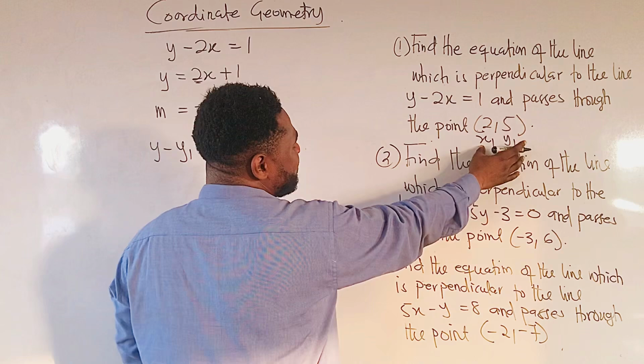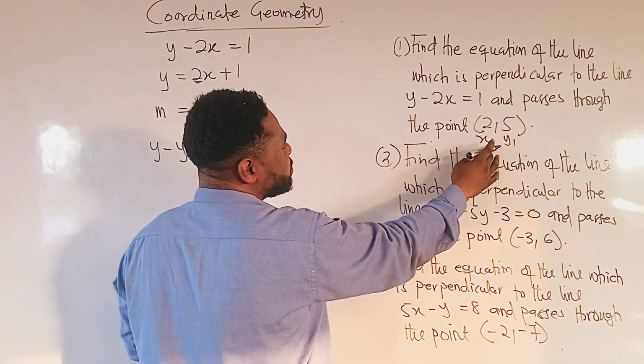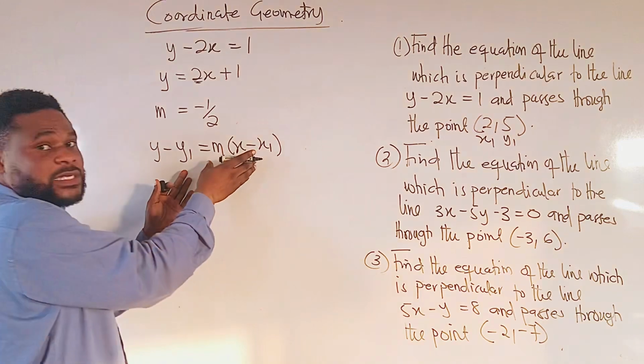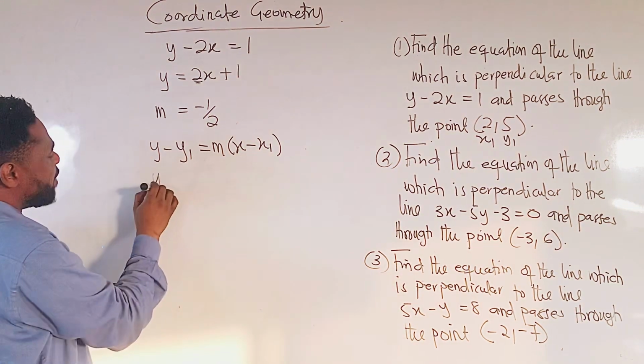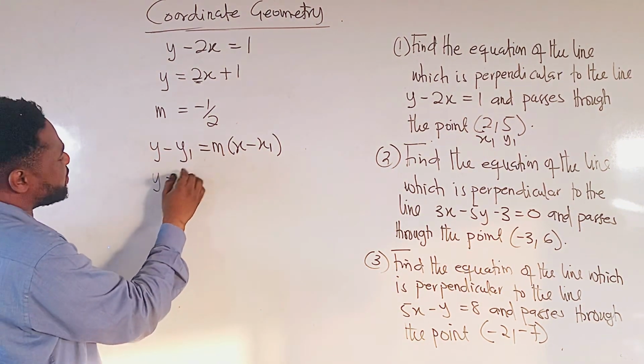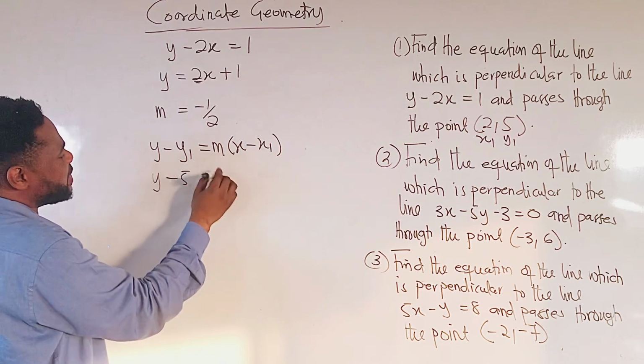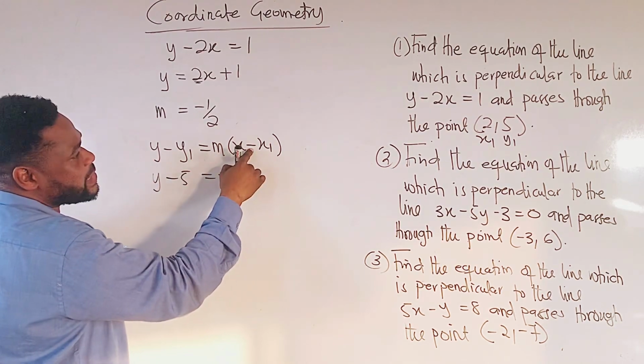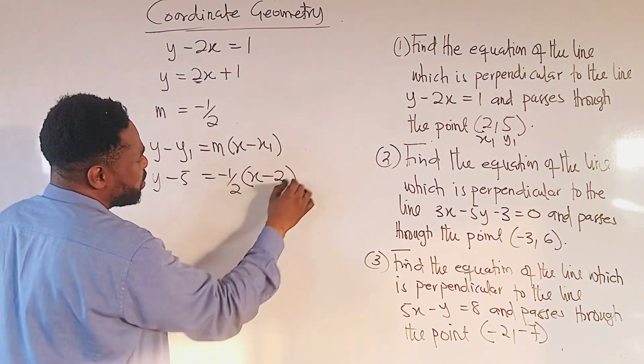Now, our point given here, our 2 is going to be x1, and the 5 is going to be y1. So we are going to substitute it into this formula. So we have y minus, our y1 is 5, equal to the gradient which is minus 1 over 2, multiplying x minus x1 which is 2, alright?